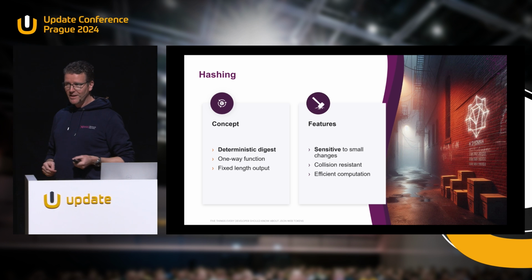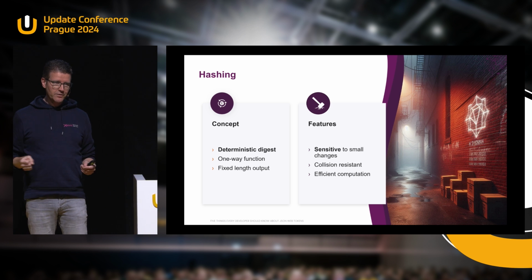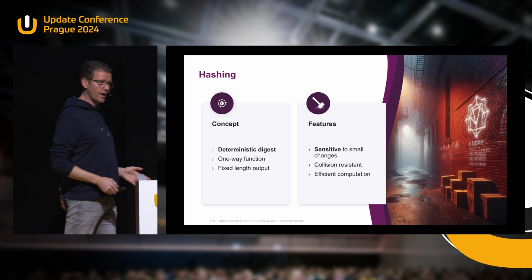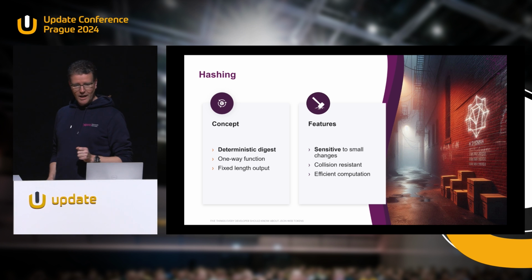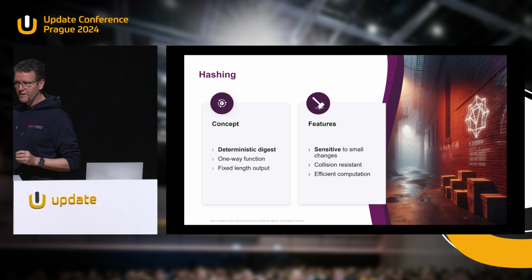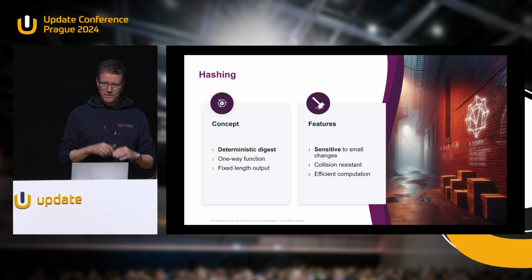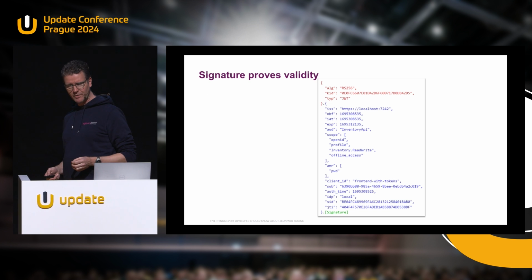And it is very sensitive to small changes, which is nice. So imagine you put in that JWT token and you just change a single bit in that, the digest or the hash will change radically. So it's easy to detect tampering. Furthermore, it's very collision resistant. This means that it's very hard to generate the same hash with two different inputs. And computers generally like creating hashes, so it's easy for them and a small effort for your CPU.